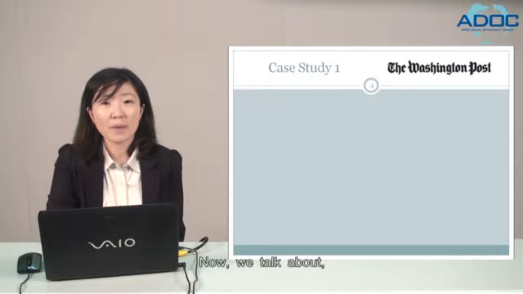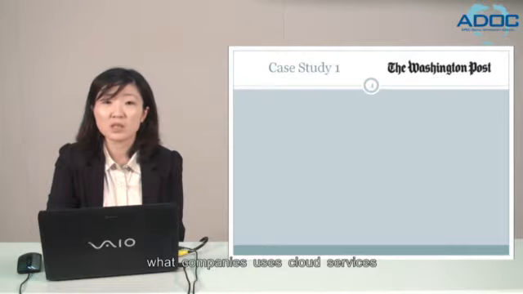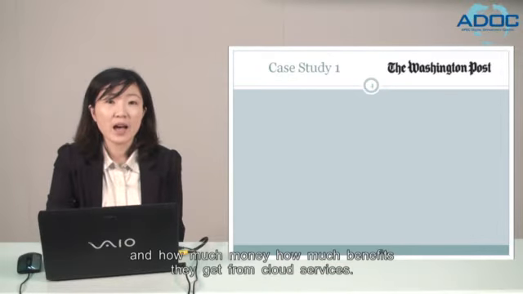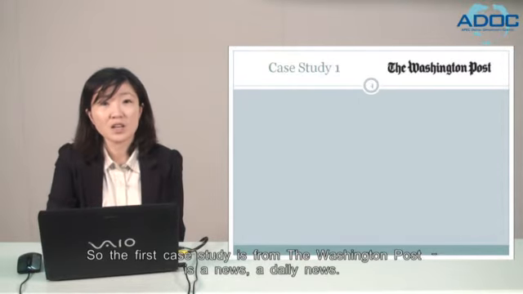Now, I'll give you some cases to show what companies use cloud services and how much benefit they get from cloud services. So, the first case study is from the Washington Post. It's a daily news.